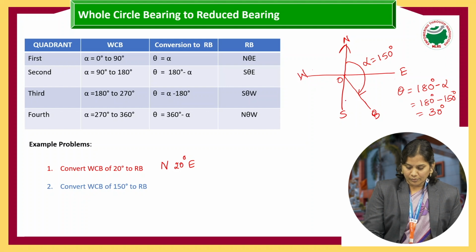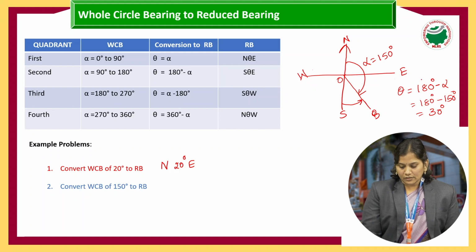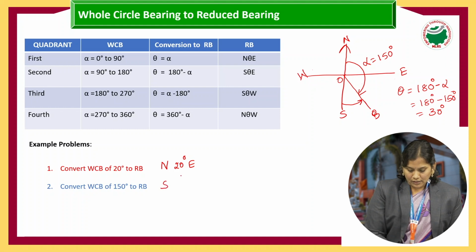So, in which direction we are measuring? Reduced bearing is measured from south towards east. South east, angle is 30 degrees.